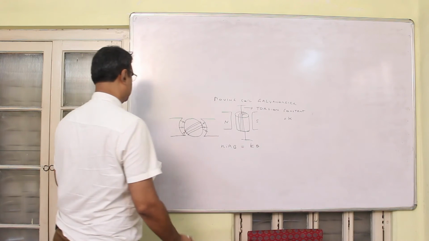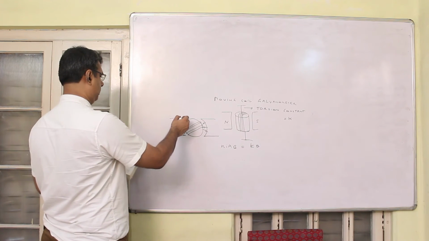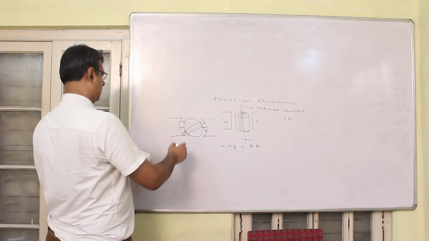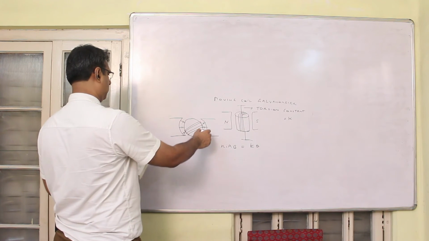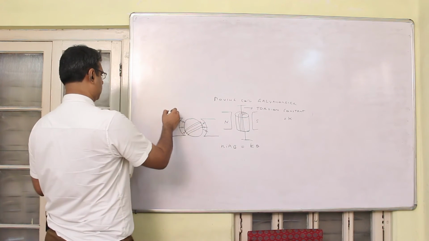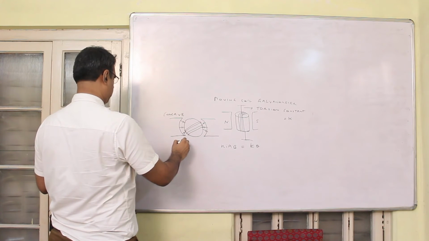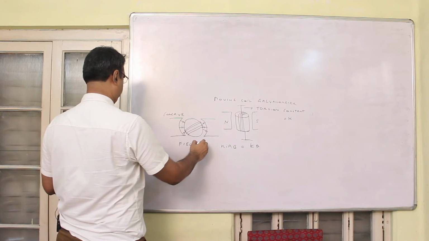Another thing you will notice is that the pole pieces are cylindrical, so they have a concave appearance. The reason is that the field lines will be radial.